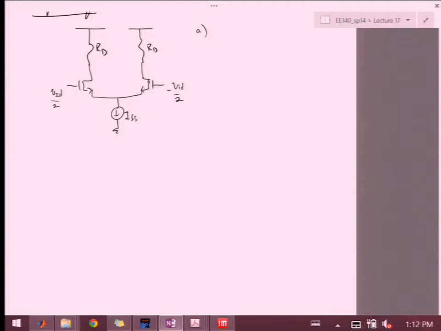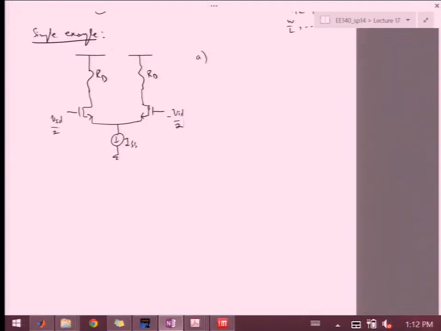Let's see what happens with this circuit when I have, in general, RD1 and RD2 instead of the same exact load resistor. I'm not even saying that M1 and M2 are completely matched, just trying to see what happens at this output if I have two coupled transistors and I drive them differentially.